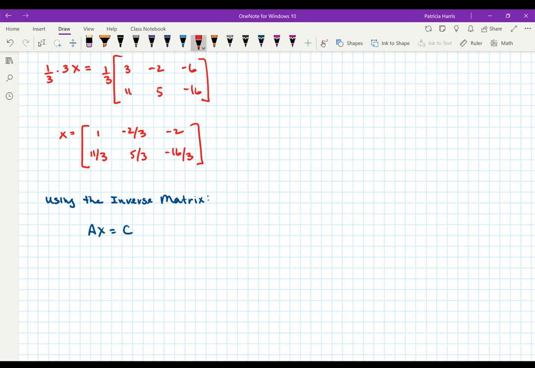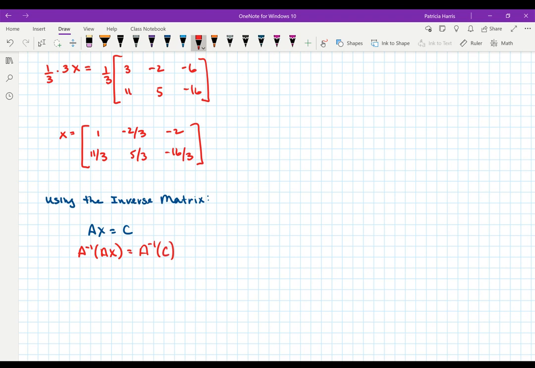So what you would do is you want to get basically a 1 next to your x matrix. Now, in matrix arithmetic, we call that the identity matrix. So you would multiply both sides on the same side. Notice your A inverse is on the left-hand side of each side.